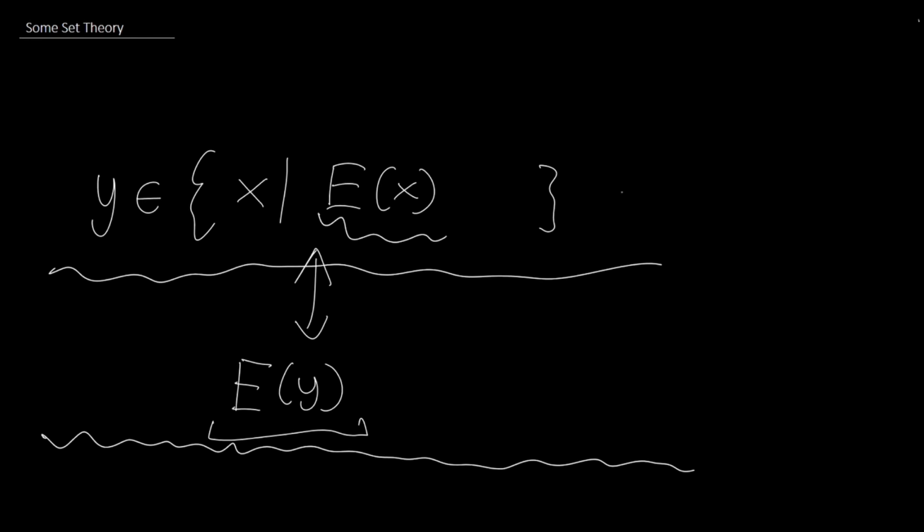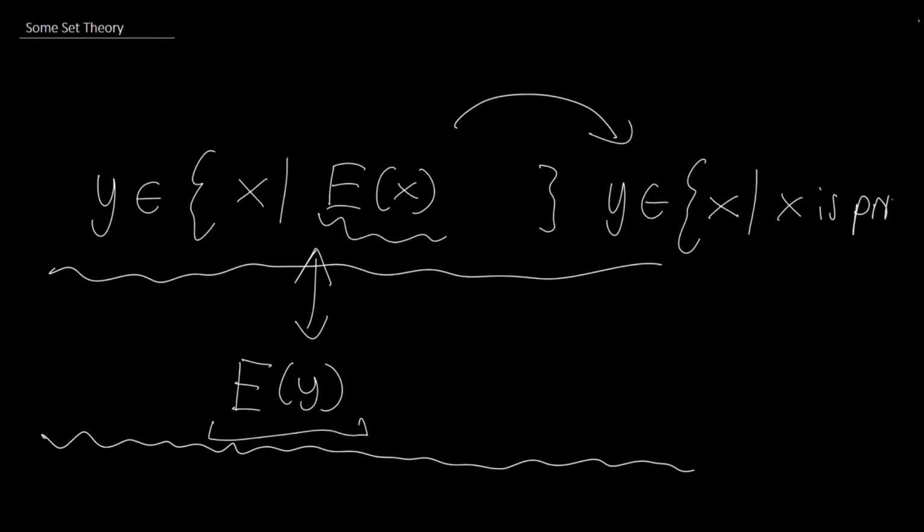So let's maybe rewrite this somewhere else. So y is an element. So this is the same thing as saying y is an element of x, such that x is prime, because we gave it a new meaning. And let's see if it still works. So this should be the same as y is prime, right? So E in this case means prime now.